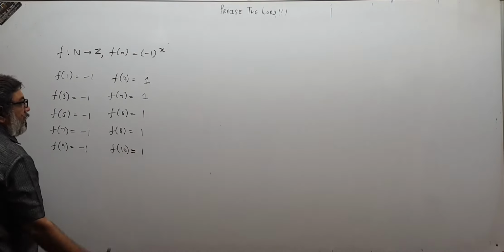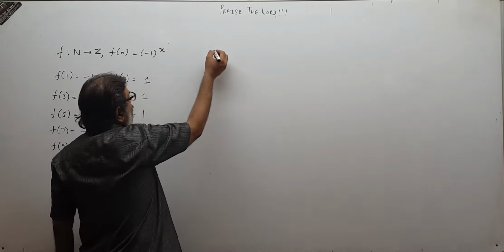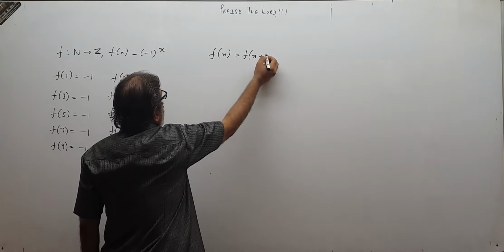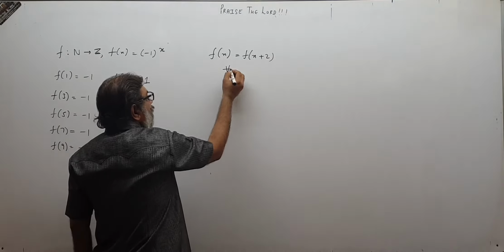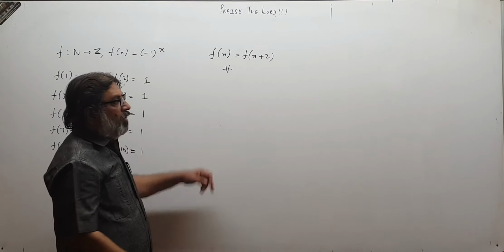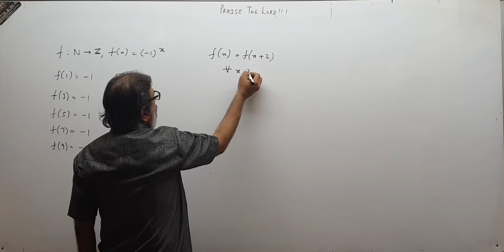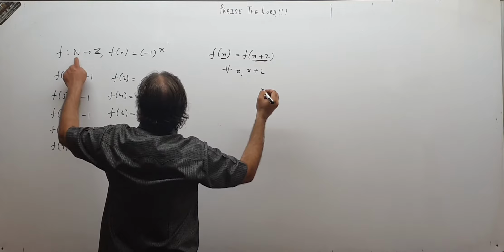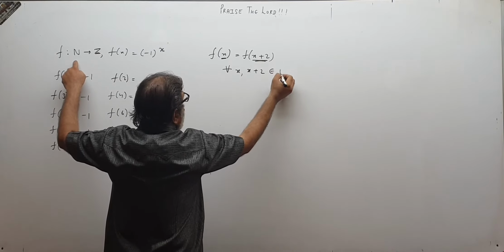Now, children, if I tell you that f of x is f of x plus 2 for all x, this is the symbol for every, for all x and x plus 2 from the domain of the function. This is the domain belonging to the set of natural numbers.